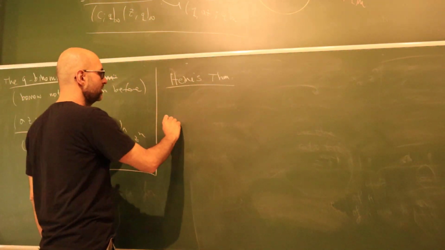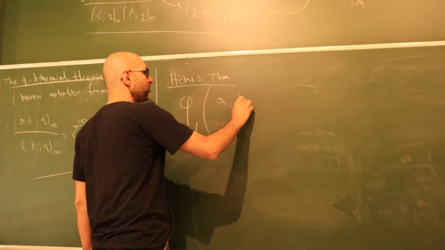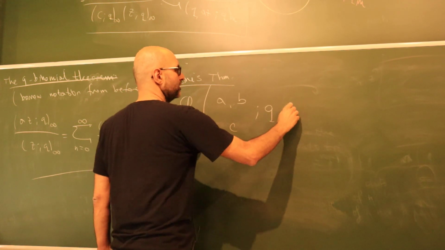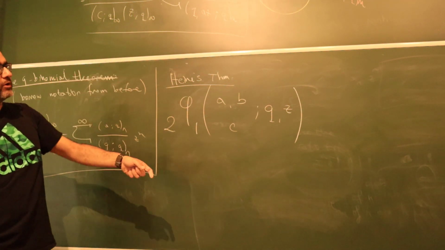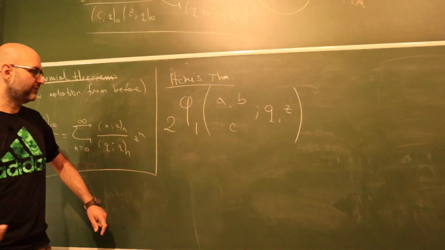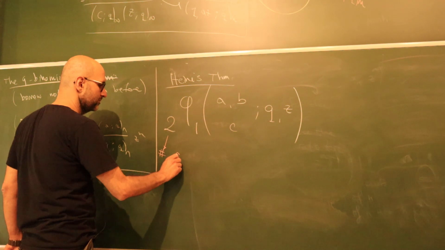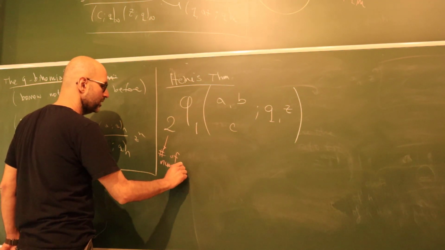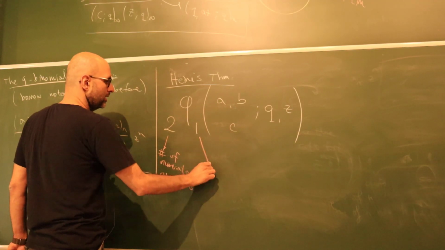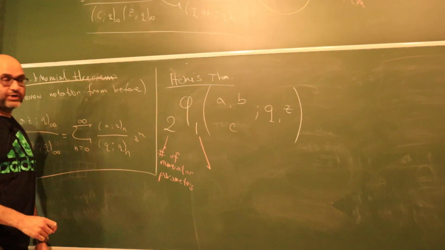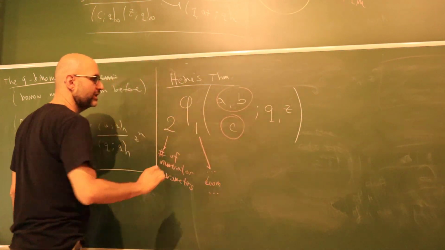Heine's theorem is 2 phi 1 A, B, and C, Q, and Z. Well, if you look at the sum over there, the notation is self-explanatory. 2 is the number of upstairs factors, numerator parameters. 1 is the number of denominator parameters.